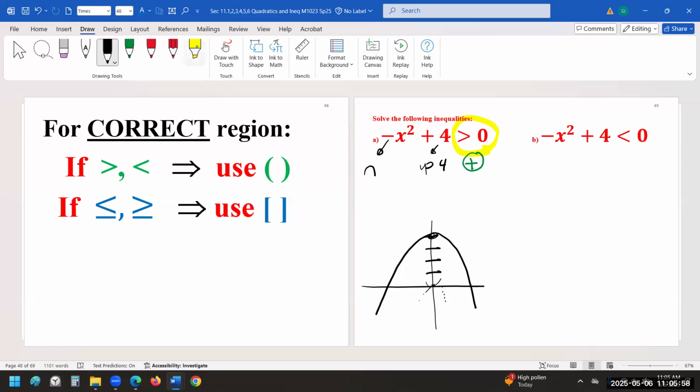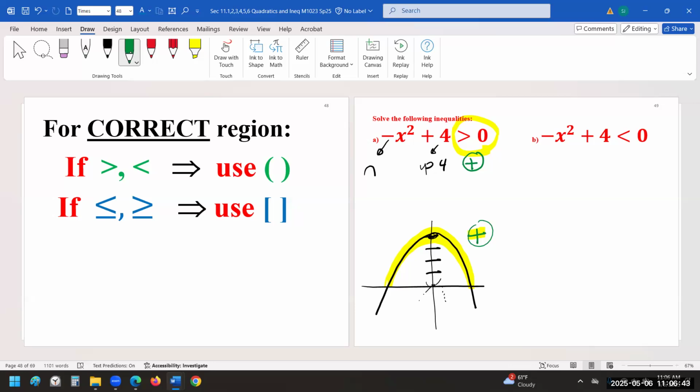So our solution definitely is this part, the positive y values. So only this gives us positive y.